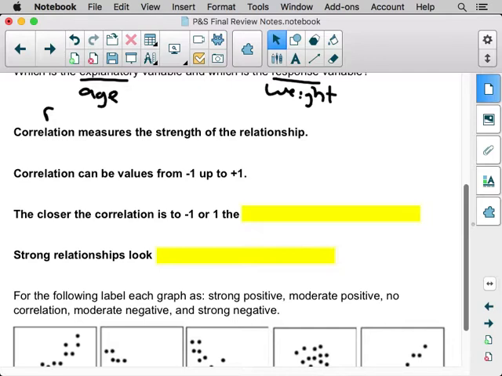Those are the different numbers it can be. The closer it gets to -1 or +1, the stronger the relationship is. The closer it is to 0, the weaker the relationship is. Make sure you remember that. Also, we'll practice that a little bit down below.